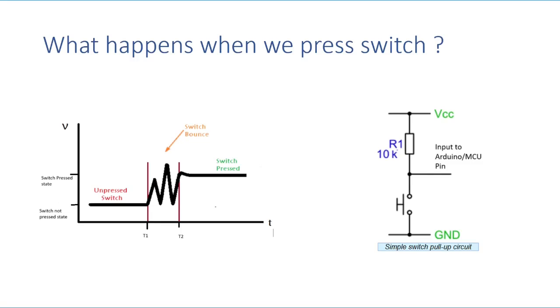So to get a stable state on the MCU input, we need to connect the pull-up resistor. Some MCU and Arduino inputs have an internal pull-up resistor. If so, we can enable the internal pull-up resistor and don't have to use an external one. So this is a simple circuit showing how to connect the switch to an Arduino or any MCU input, and we'll go ahead.